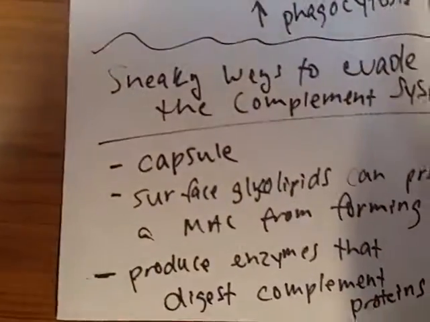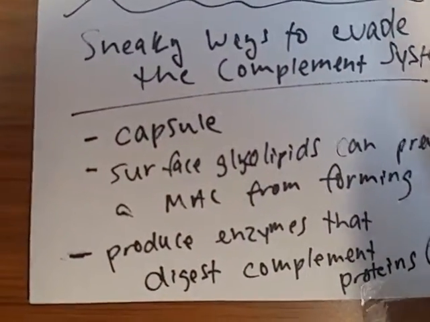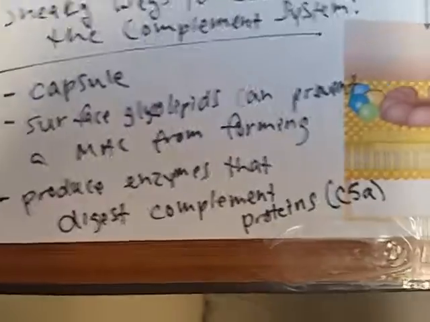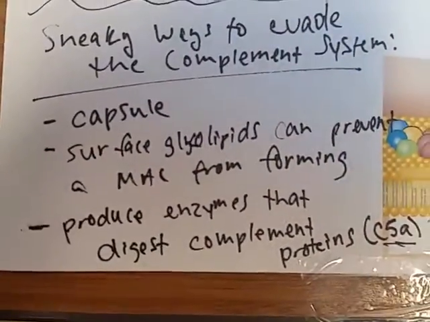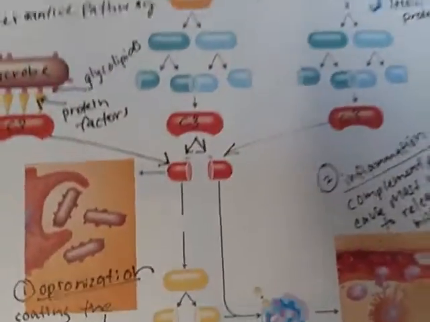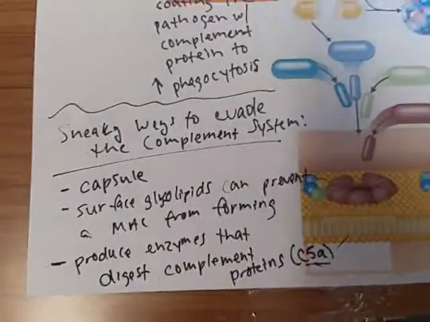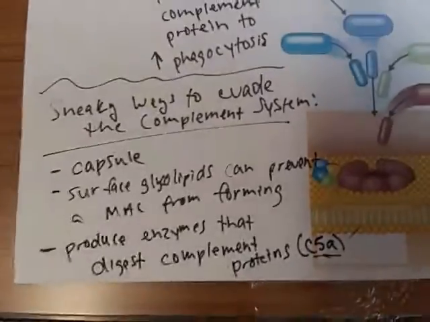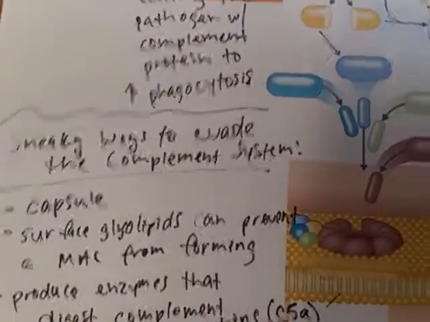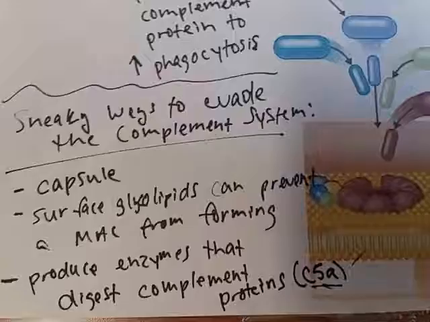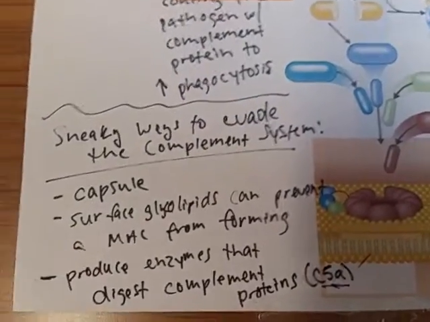So there's a certain protein called C5a that's going to be required to activate this opsonization and inflammation. So if the bacteria can produce enzymes to break that down and make sure it doesn't allow opsonization or phagocytosis and inflammation to occur, then they're going to be able to escape the complement system a little easier. Not feel the full wrath of the complement system.